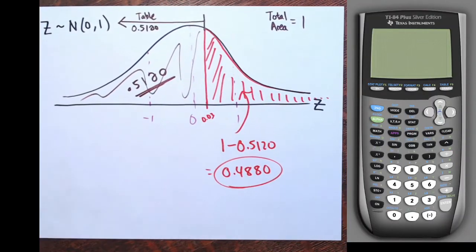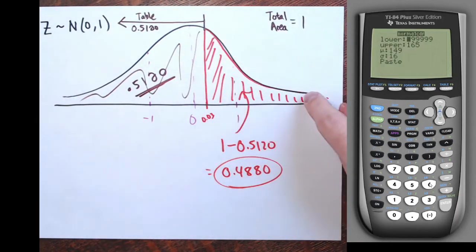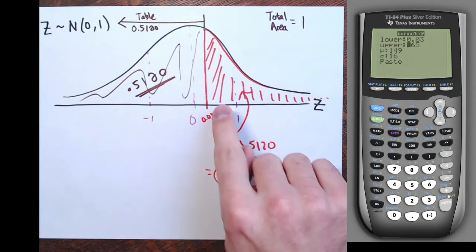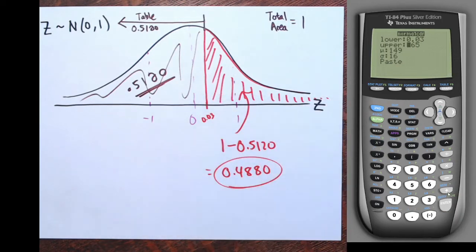Let's see what happens when I do my calculator. So again, back to the second distributions, normal CDF. Now this time the region I'm looking for does have a lowest value of 0.03. It has no upper value, it goes to the right forever. So again, I'm going to put in a very, very large positive number, something that has many, many standard deviations to the right of the mean, like 5 nines.